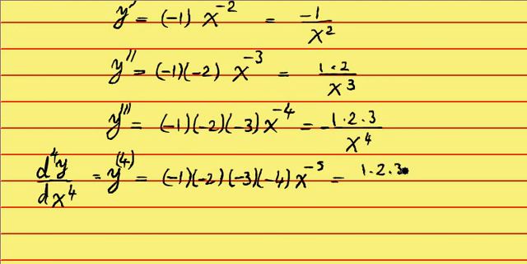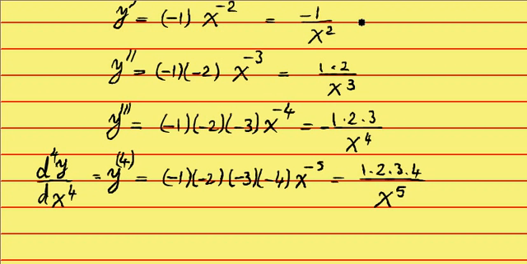I have 1, 2, 3, 4 over x to the power of 5, and so on. Notice that if I had multiplied these numbers, I would have lost the flavor or the pattern that is developing here. Sometimes it is better not to do too much arithmetic so that you see the pattern.